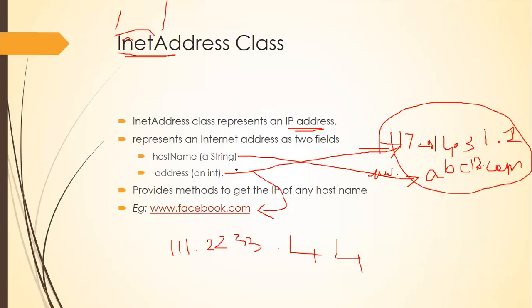Okay, and this is the host name, and this is the IP address. So whichever website or URL you think of, it will be having an address and a host name. Okay, so we'll just see it with the help of a small program.